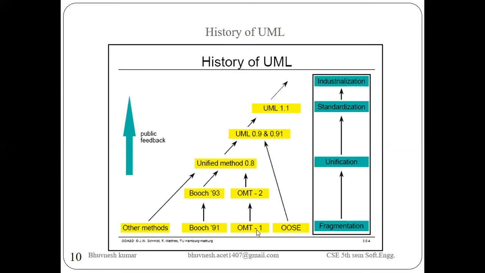Previously, in the fragmentation concept, OMT was used to draw diagrams. After that, when there was standardization, we came up with UML after public feedback. Technology and environment are changing, so we have to adapt. And this is the history of UML.